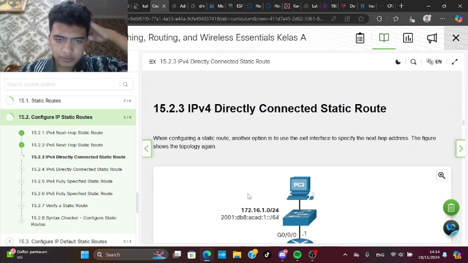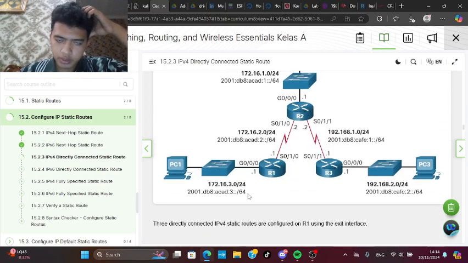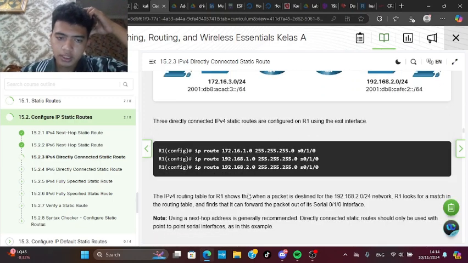So, IP version 4 directly connected static routes. When configuring a static route, another option is to use the exit interface to specify the next hop address. The figure shows the topology again, which is the same topology as we saw before. And 3 directly connected IP version 4 static routes are configured on router 1 using the exit interface.